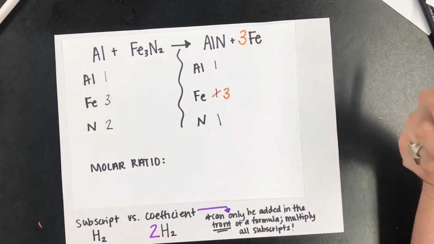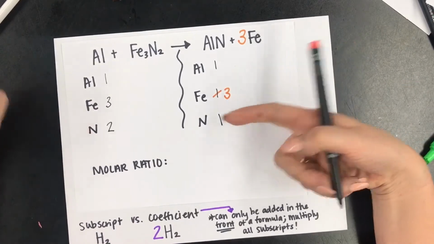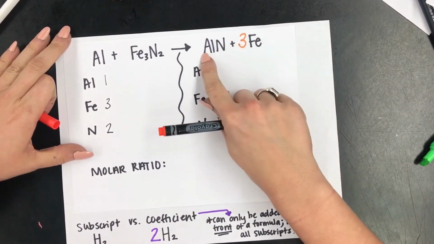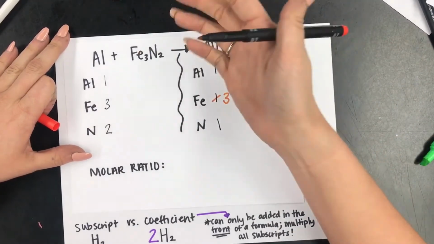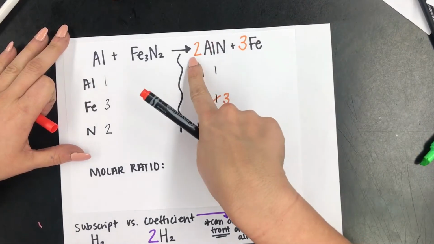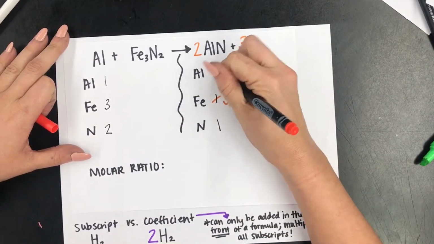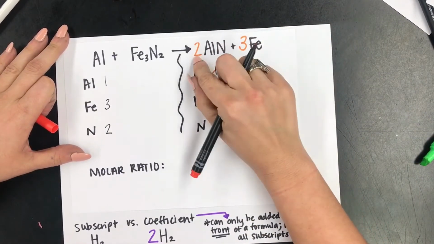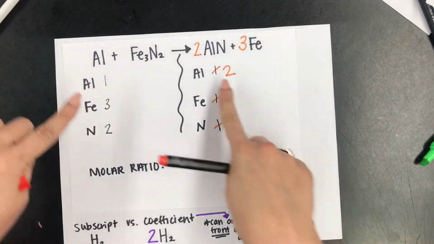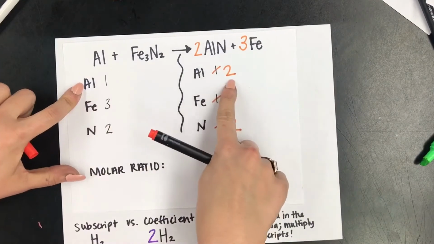Okay, so now let's fix nitrogen. Nitrogen's 2. This side, we need to multiply by 2. Nitrogen's locked up in a compound. That's okay, but the only option is to put it in front, which means this will also change aluminum. 2 times 1 is 2. Balancing act. What number times 1 will get me equal to 2?